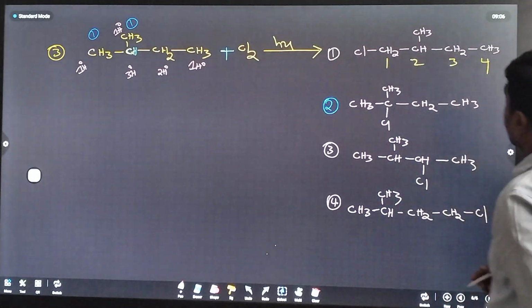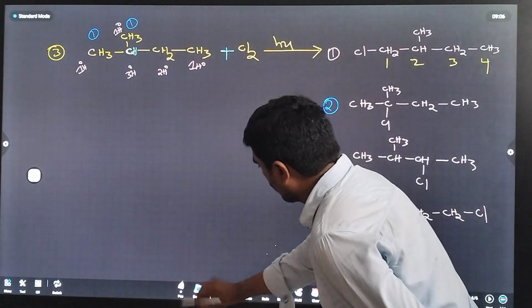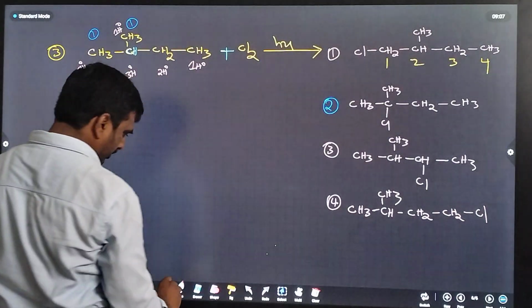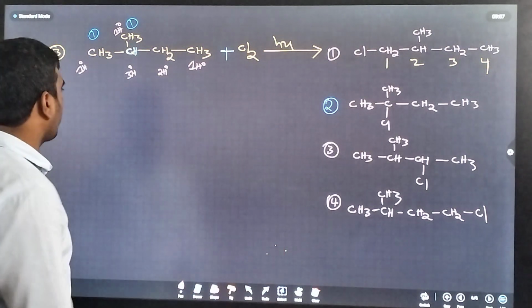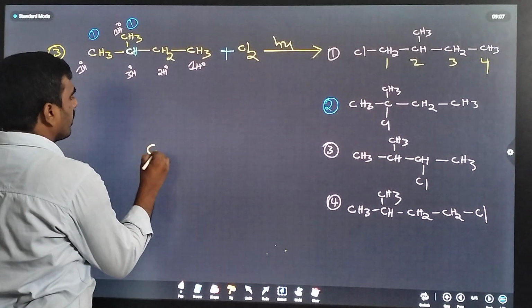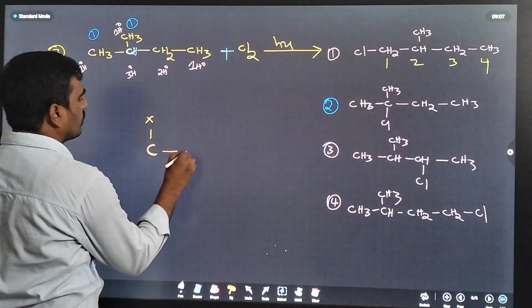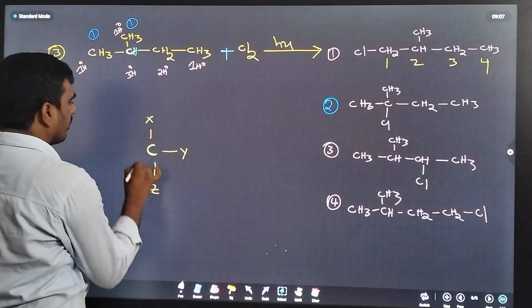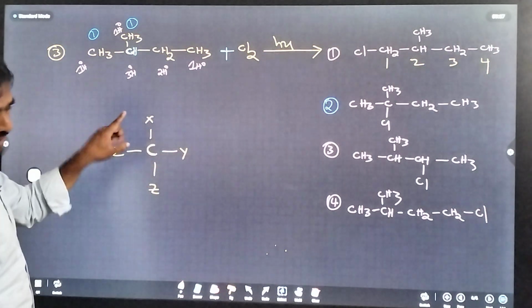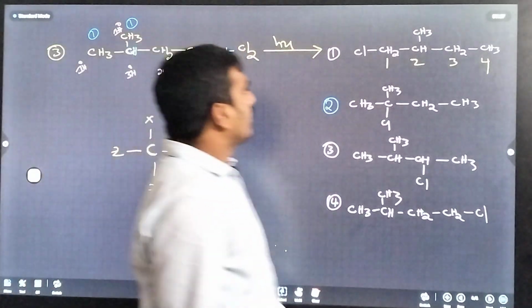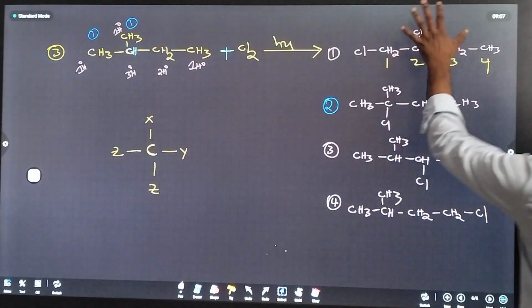So do you know the chiral carbon? What is the chiral carbon? Chiral carbon means the carbon which contains 4 different groups. This carbon contains 4 different groups, that is the chiral carbon. So here the first compound has a chiral carbon.